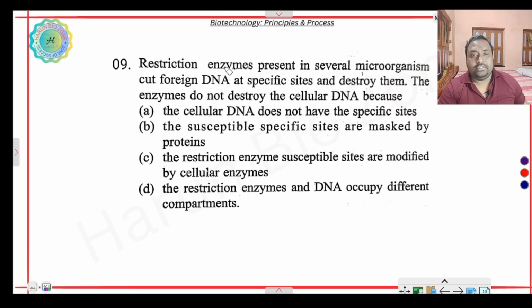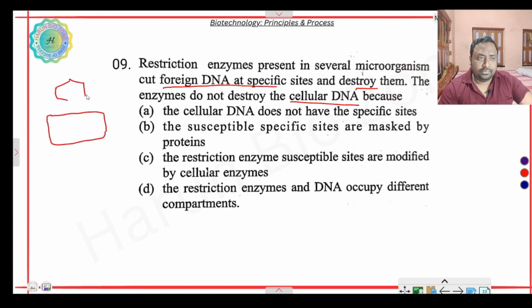Next question: restriction enzymes present in several microorganisms cut foreign DNA at a specific site and destroy them. The enzyme does not destroy the cellular DNA. Here is the function of restriction endonuclease in bacteria. When the bacteria is attacked by bacteriophage, this restriction endonuclease has two functions.